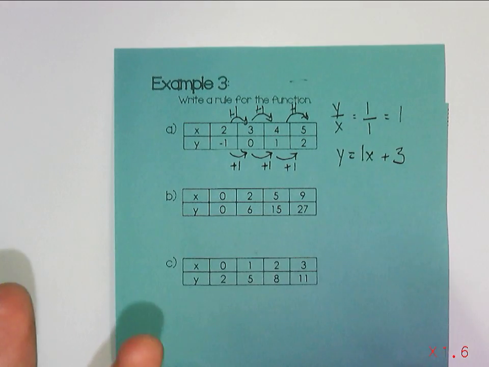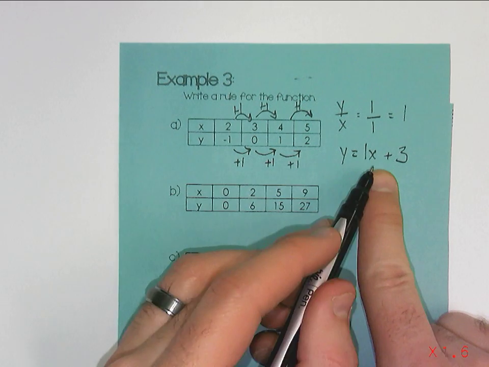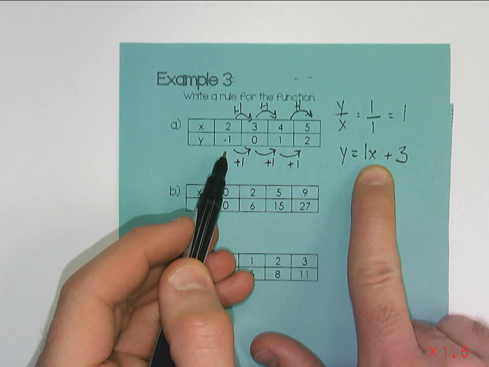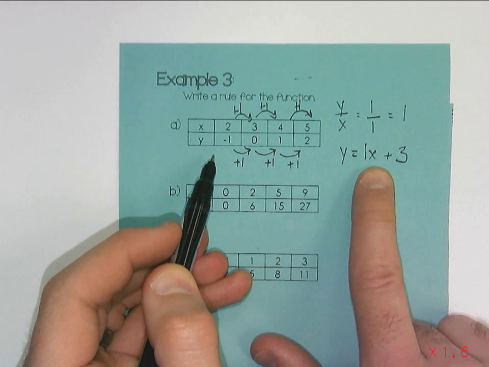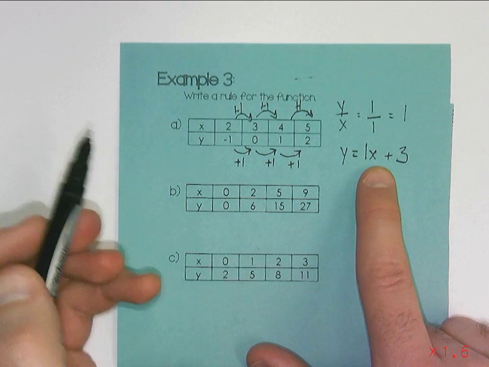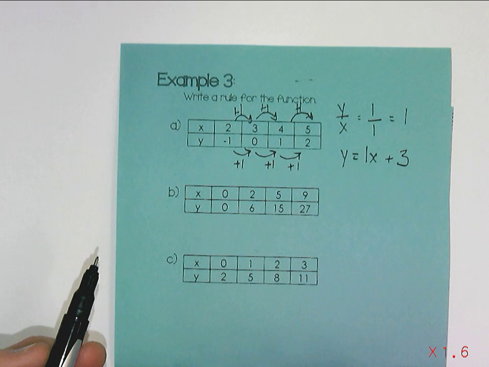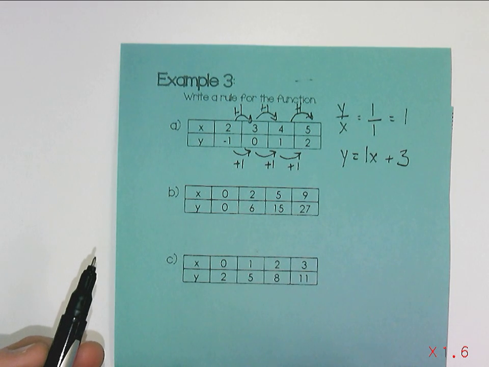Now, the good way to test this would be to take an x value, plug it in, and see if we get our y value. Or did I put the wrong thing here? Maybe I don't have, hold on a second.